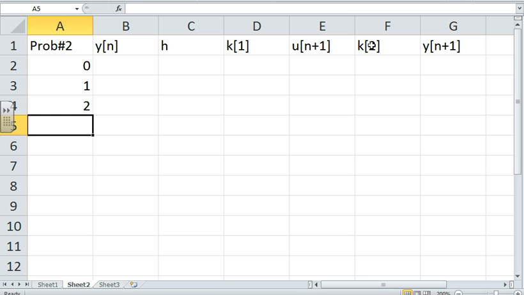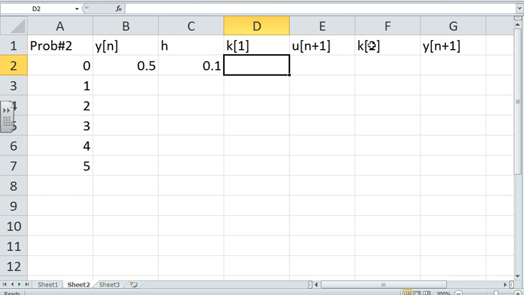We're only doing interval 0 to 5, step size 0.1. So we go 0, 1, 2, 3, 4, 5. My initial condition is 0.5. I'm going to do 0.1 all the way across.